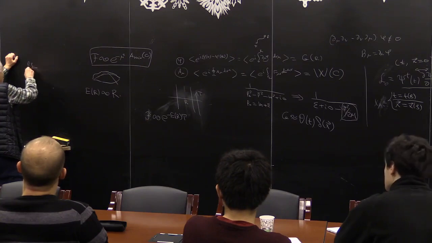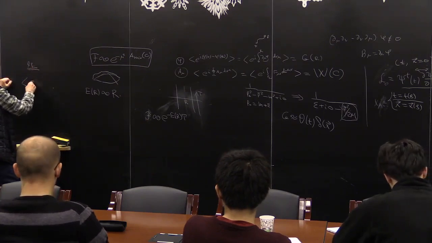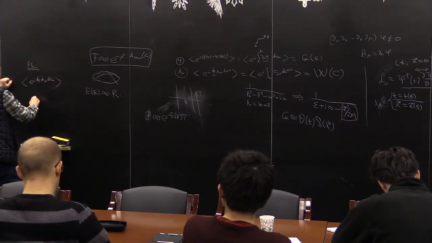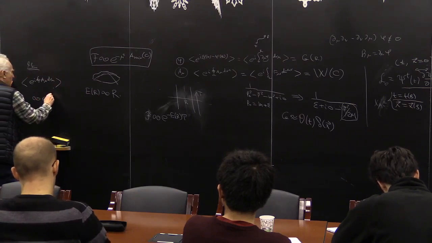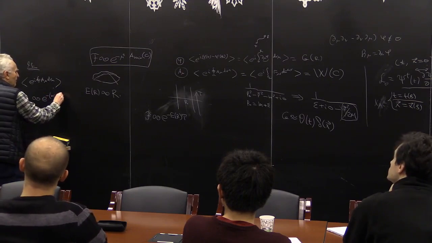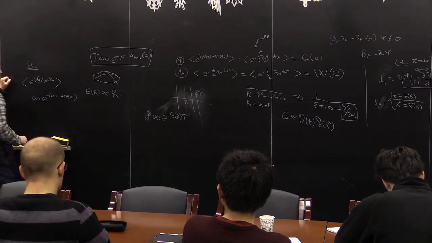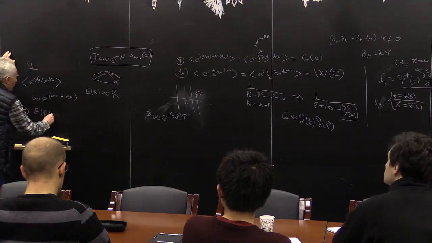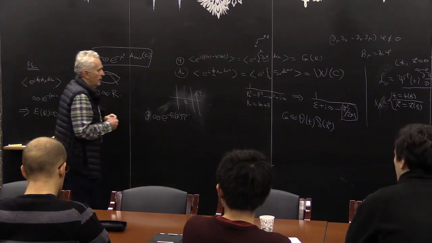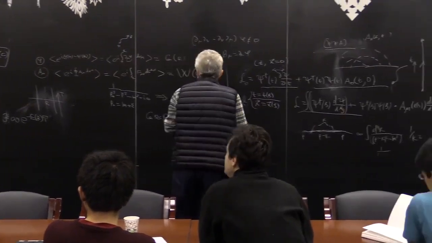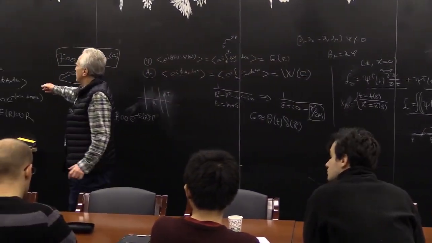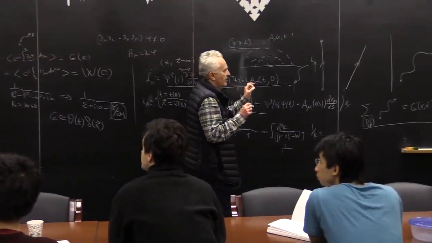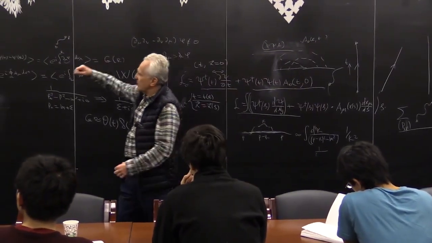We haven't yet explained this, but for this Wilson loop, E of R is proportional to R. In fact, it would be impossible to get some power of R. It would immediately contradict causality, as I mentioned last time in one dimension.